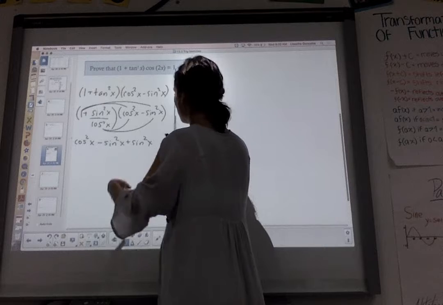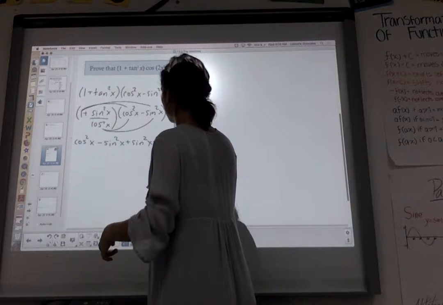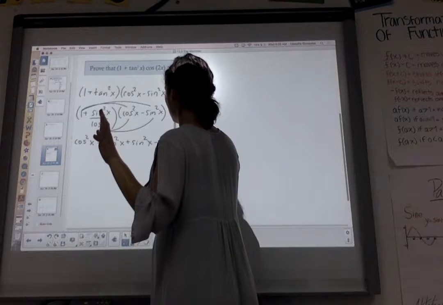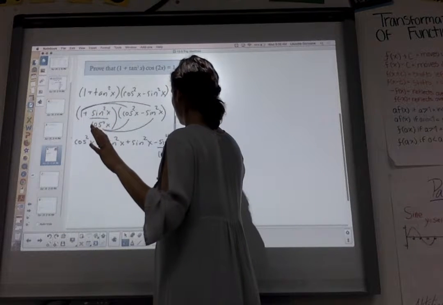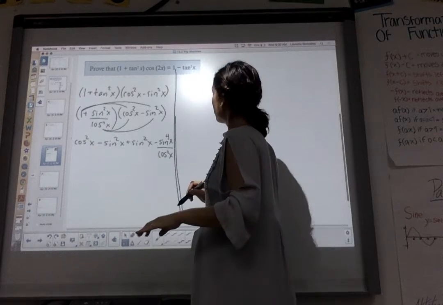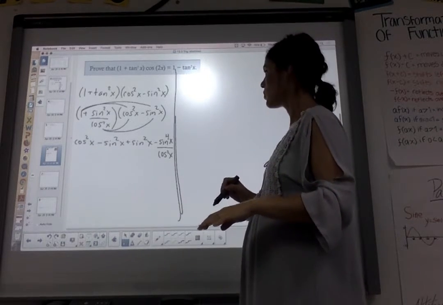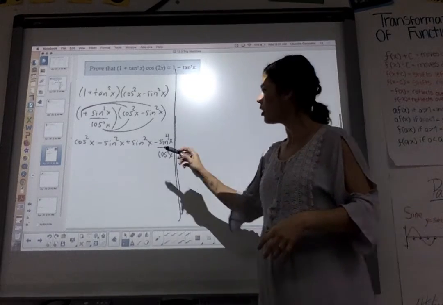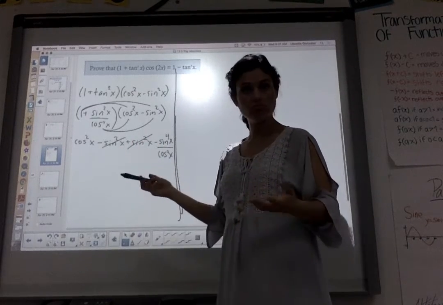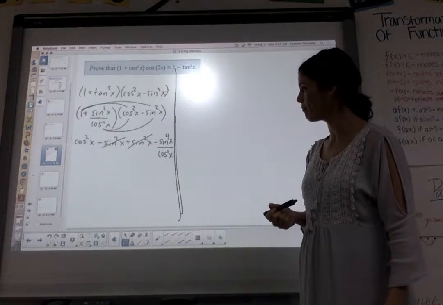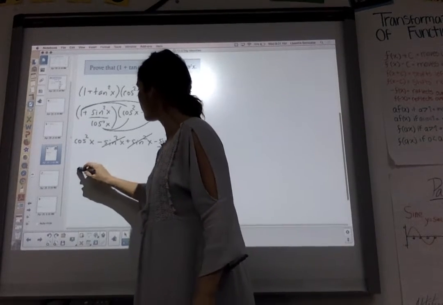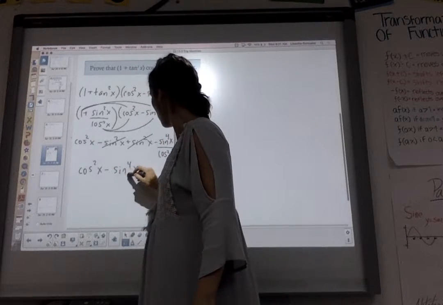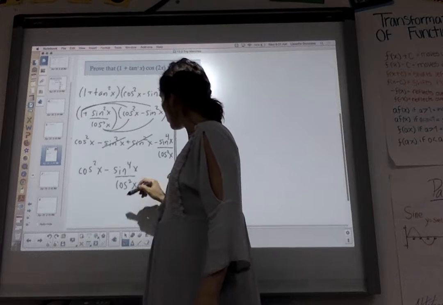And here, sine squared. Okay, that's what I get. Do you get the same thing? These two cancel. That's a good sign. Let me just write what we have left.